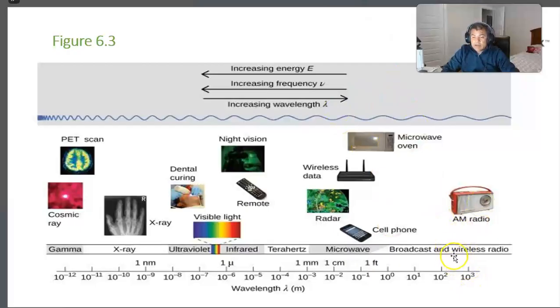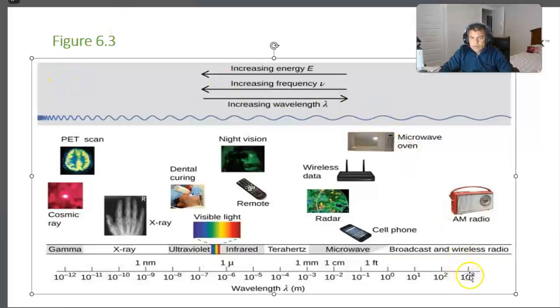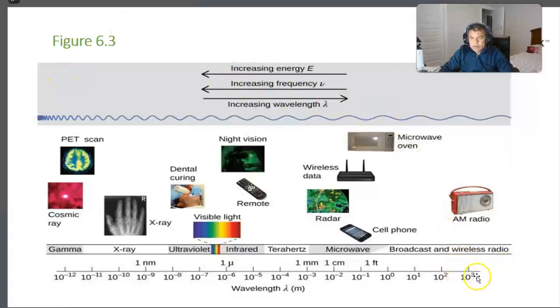If you see here, the wavelength is about 10 to the power 3, 10 to the power 2, 10 to the power 1, 10 to the power 0 meter, from 10 to the power 0 meter to 10 to the power 3, a kilometer. That much long, the radio waves.